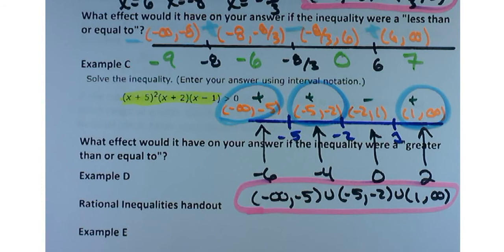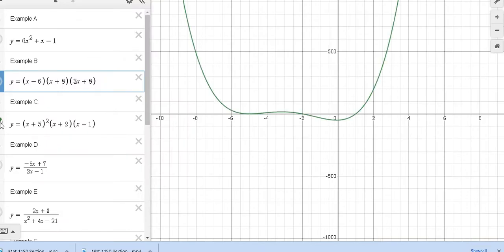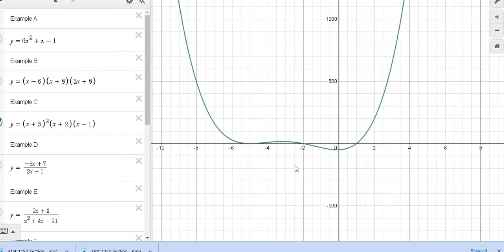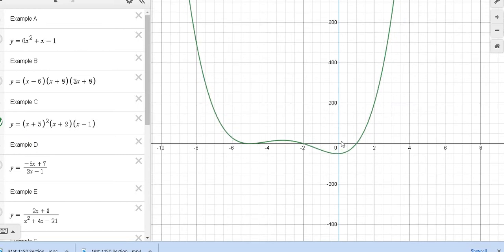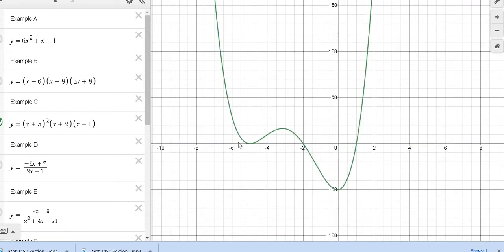If you were to actually look at the graph, that graph would have a bounce there instead of a wiggle through or straight through. So it actually didn't change signs at negative 5. So let me see if I can make that a little bit more clear. Yeah, at negative 5, it touched the x-axis for a brief moment and then it bounced back up. So it was positive on both sides of this.